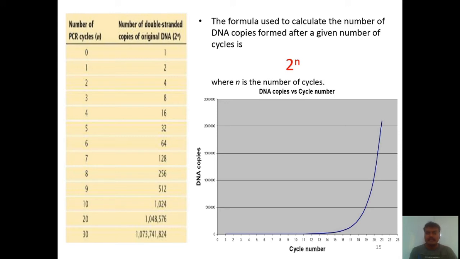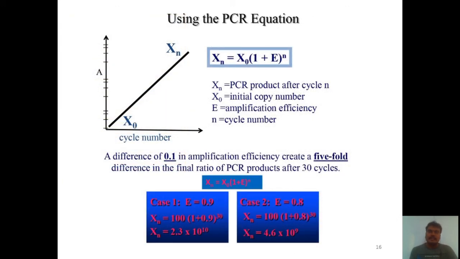Another formula is this one: Xn equals X naught into (1 plus E) power n. Here Xn is the amount of PCR product after the nth cycle, X naught is the initial amount of DNA you have added into the reaction mixture, and E represents amplification efficiency. This amplification efficiency depends entirely on what kind of instruments, what kind of thermocyclers you have used, and n represents the cycle number.